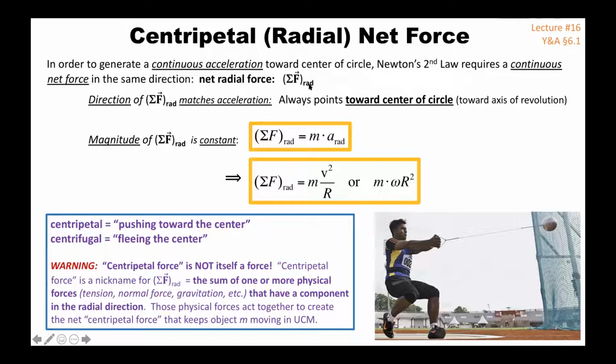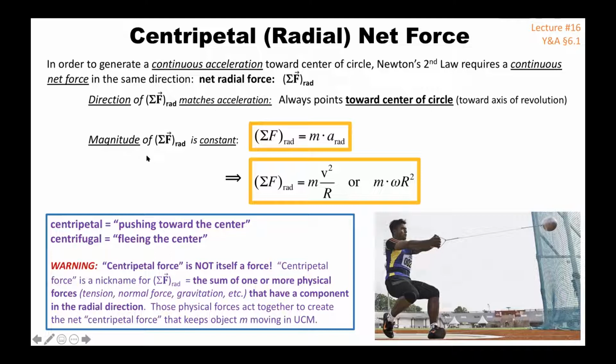Now, the radial could be away from the center of the circle, but in this case, if the object is undergoing uniform circular motion, then we know that it has to be toward the center of the circle. So the term radial alone can mean outward or inward. But in this case, we know the net force has to be inward if the object is successfully executing circular motion. So we know that the direction of the acceleration is always toward the center. So therefore, the direction of the net force always has to be toward the center to match.